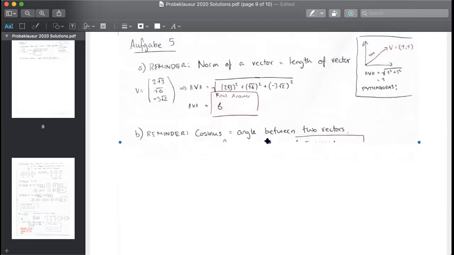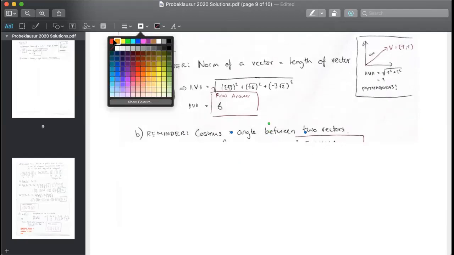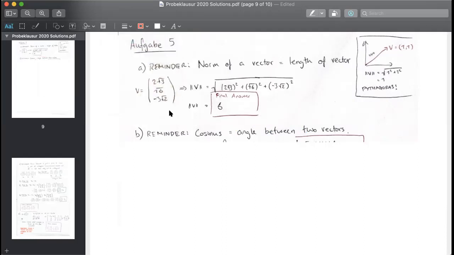In part B, they asked for the angle. Remember, they gave us two vectors, v and w. Imagine you had a vector v and a vector w.